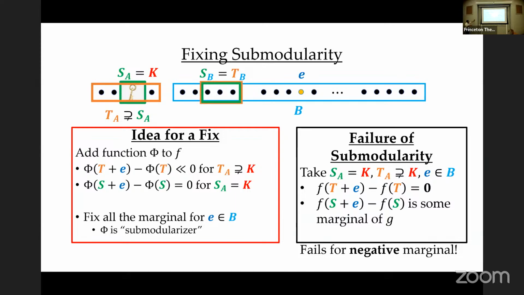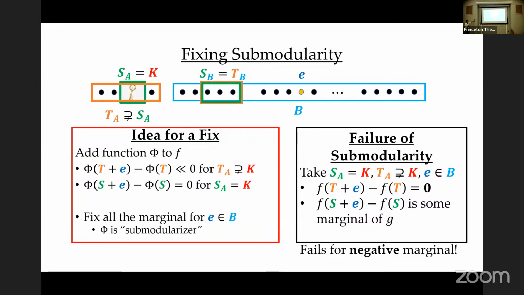But if you pick any superset, this should be SA. I'm sorry. If you, no, sorry, this is correct. So if I pick any superset of the key, like this T thing, then this submodularizer, this phi, has a big negative margin.